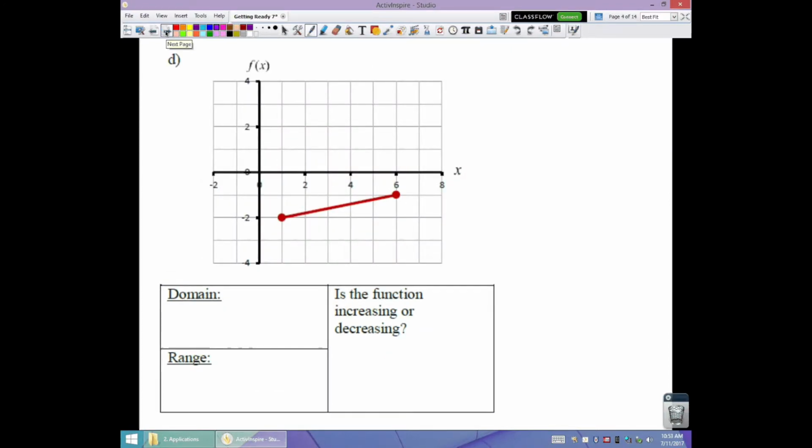Part D, my domain goes from, its leftiest point is 1, the rightiest is 6. So from 1 to 6, including both endpoints. The range value from the bottom of -2 to the top -1.